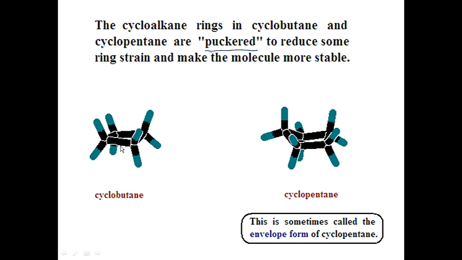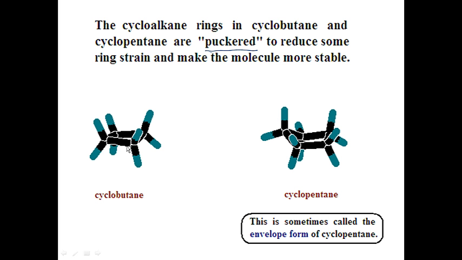It puckers in order to relieve some of that angle strain so that it still has to kind of be 90 degrees, but it can relieve that a little bit by puckering. Cyclopentane has an even easier time because with 5 carbons, it can actually bring one of them out of the plane, and so it sometimes forms what we call an envelope conformation. And so cyclobutane and cyclopentane are actually fairly stable.